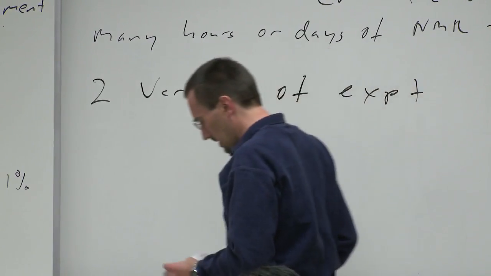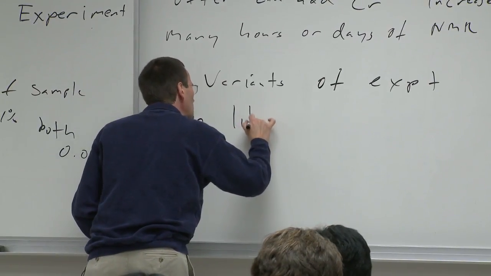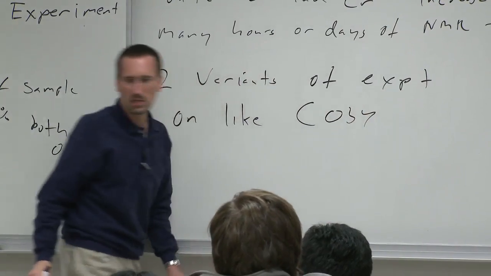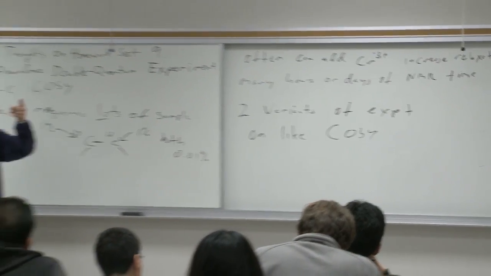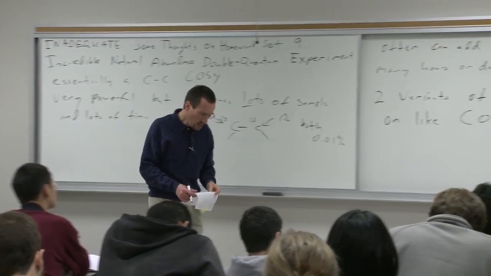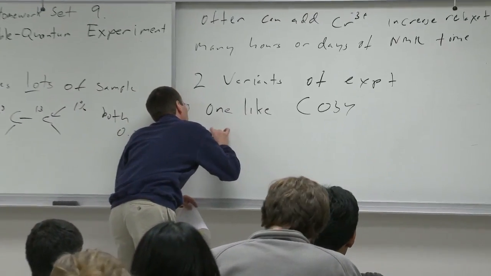One of the variants is like a COSY in terms of how it looks. I'll show you both of them in terms of how your axes look. It's just like carbon on one axis, carbon on the other axis, and you just correlate like you would in a COSY. The other is with what's called a double quantum axis.